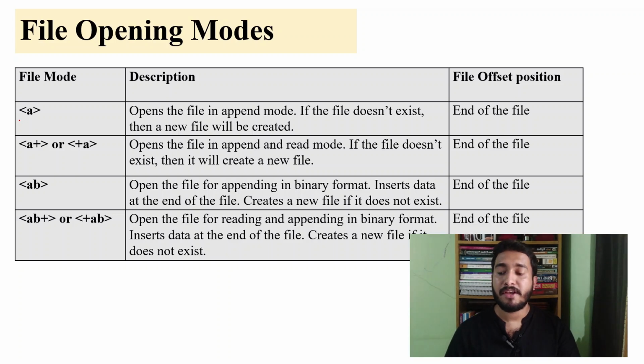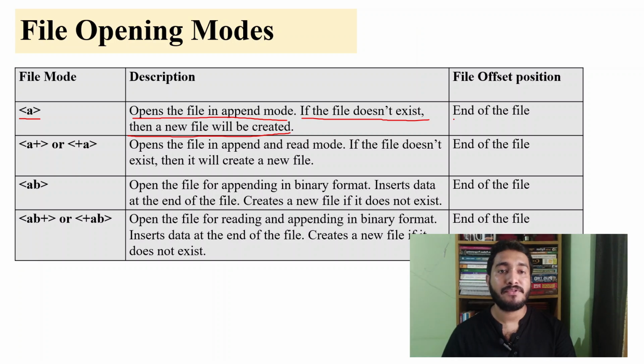So we are using A for append mode. It opens the file in append mode. If the file does not exist, then a new file will be created. If the file exists, it will append some more content onto that. So if the file does not exist, it will act the same as write mode.